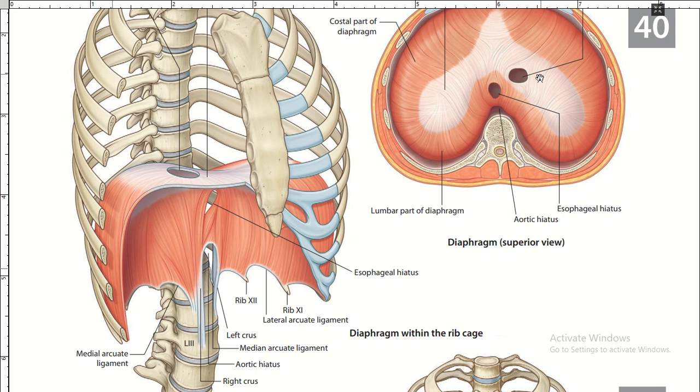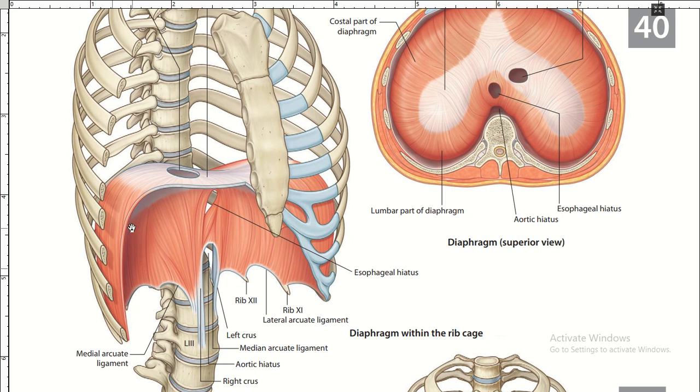Below it you're going to have the liver, so the liver will be situated here. Remember, the right lobe of the liver is bigger than the left lobe of the liver.